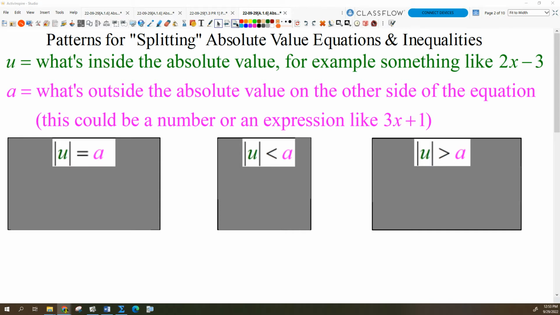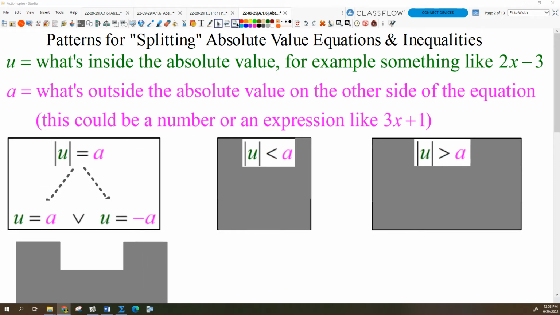If the absolute value of U equals A, then U equals A, or no, it's equals negative A. Yeah, you see the pattern? So what's inside either equals the positive or what's inside equals the negative. Okay, there's the pattern that we learned in section 1.4.